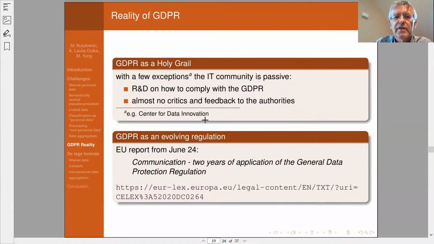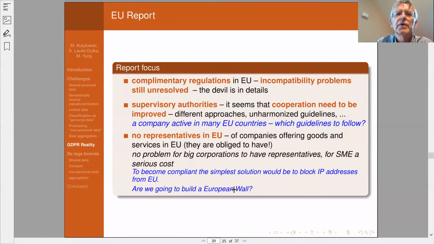One exception is some publication of the Center for Data Innovation in Europe. After 2 years of experience, we also have a report from the EU Commission, 2 years of application of the GDPR, published in June 2020.